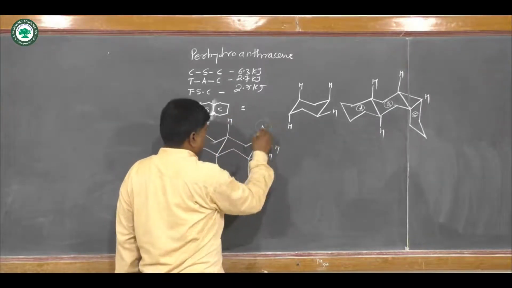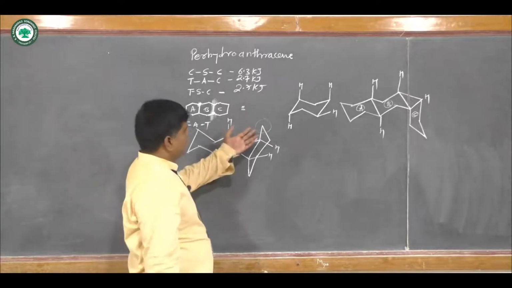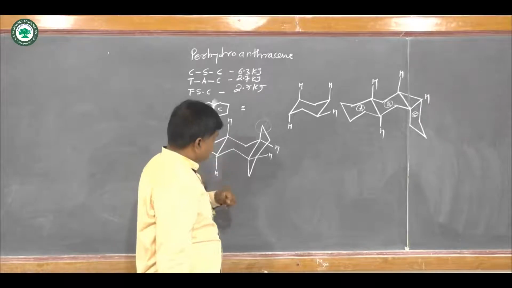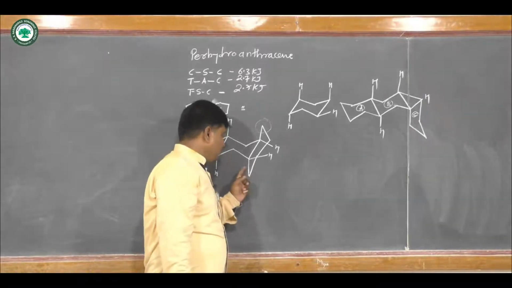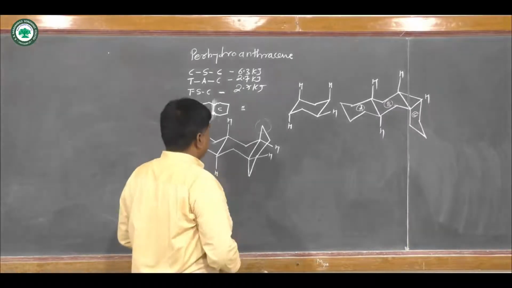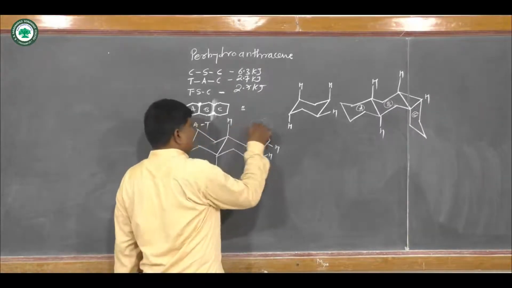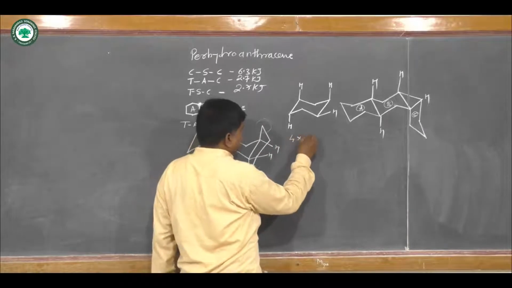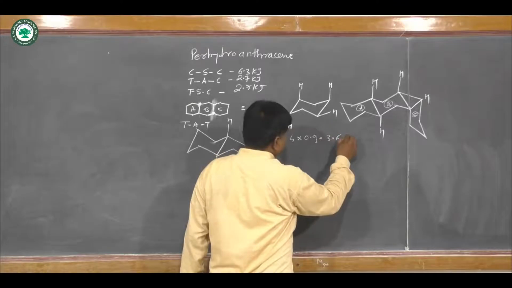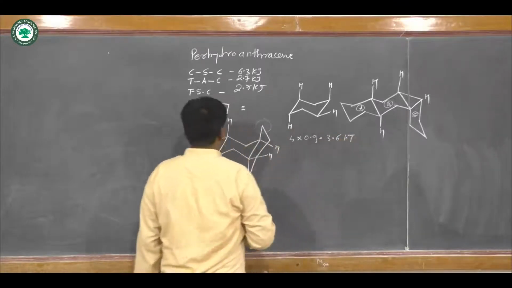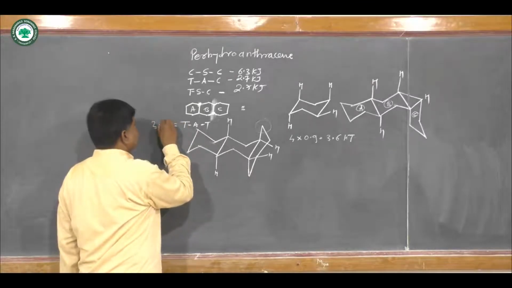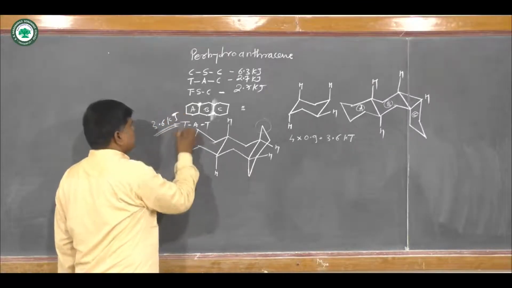Suppose we convert that hydrogen into a methyl group, then there are two 1,3-diaxial interactions. Such 1,3-diaxial interactions are also possible in this case, so if we write four 1,3-diaxial interactions, we write four into 0.9, so we get 3.6 kilojoules. So we get trans anti trans as 3.6 kilojoules.